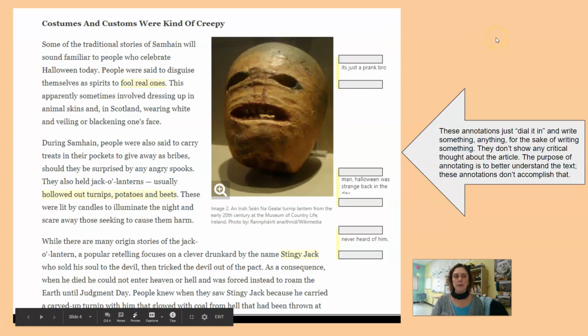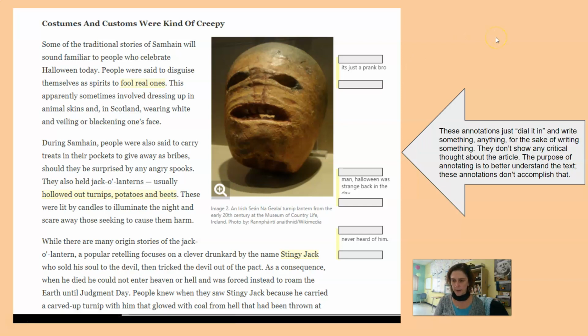This is from the article of the week about Samhain and Halloween and how that ancient Celtic ritual and holiday became what we know as Halloween today. This is our first example of what we don't want to be doing. What this student has done is they have just dialed it in.